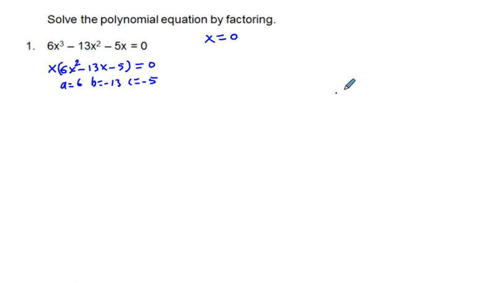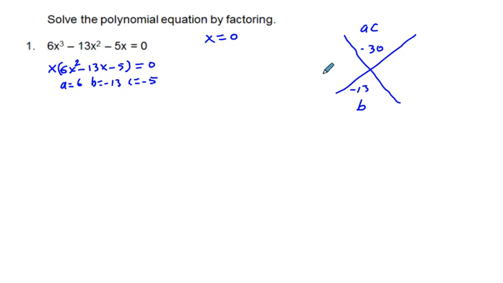And I showed many times in class this x method or bottoms up method. So here AC, that's going to be 6 times negative 5 or negative 30. And then B is negative 13.